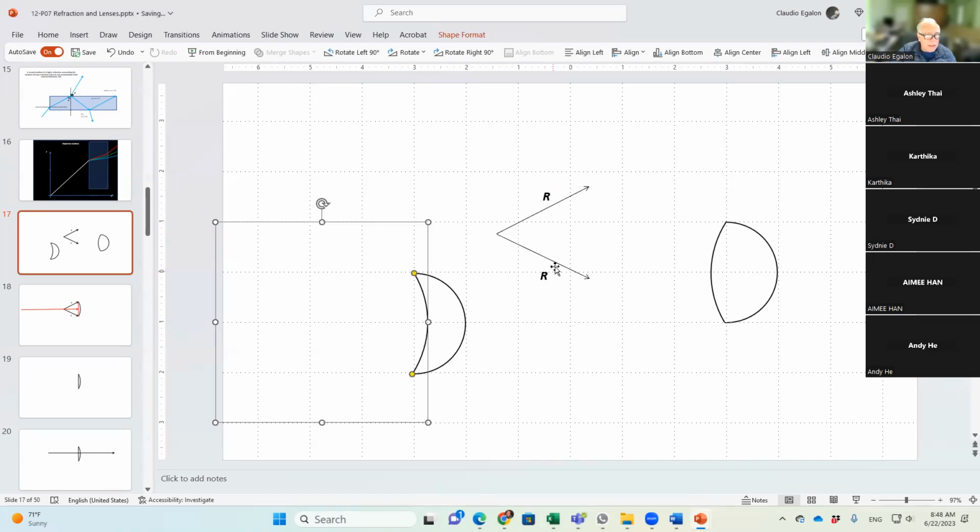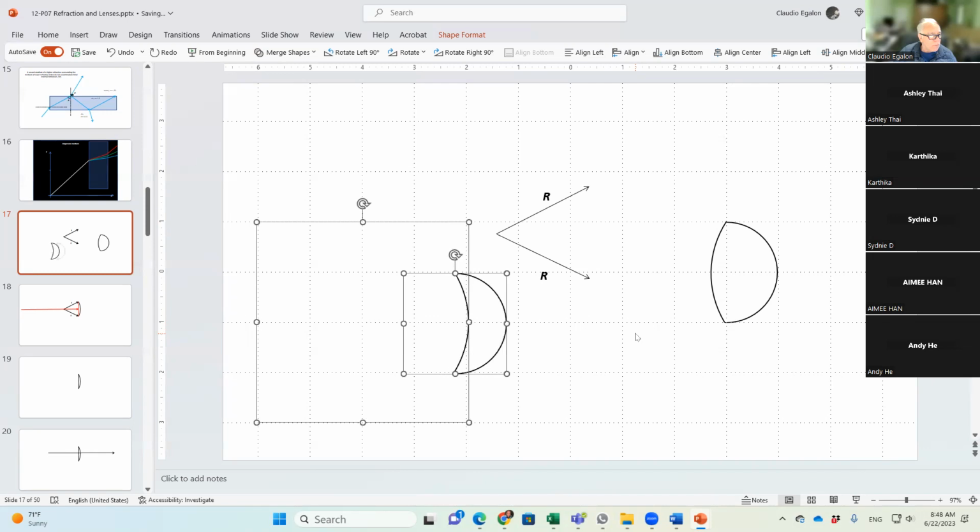This one has a radius of curvature. See here, I'm going to emphasize. Okay, so this radius of curvature here is going to be somewhere around here, right?